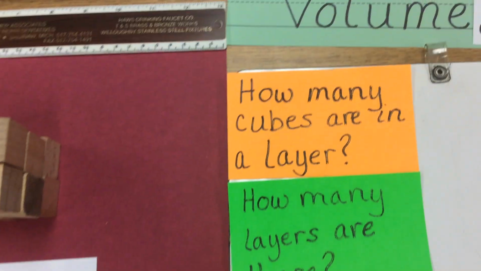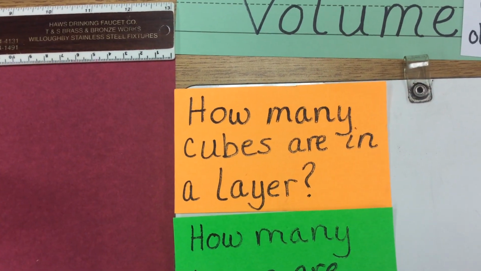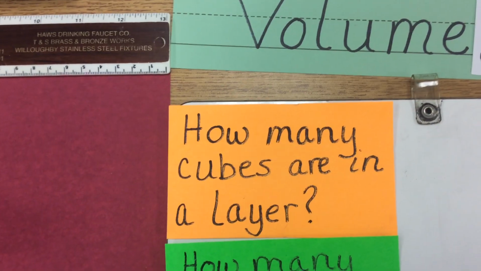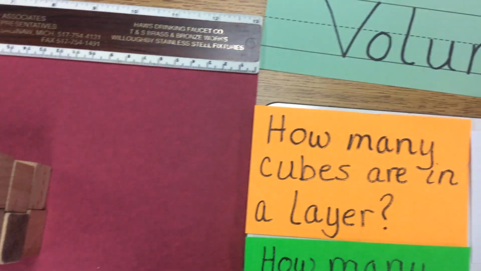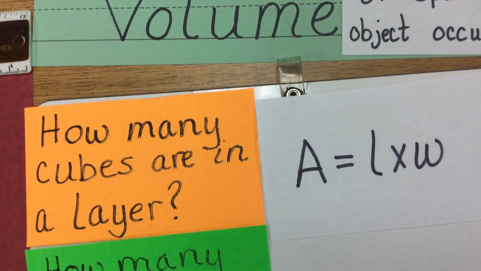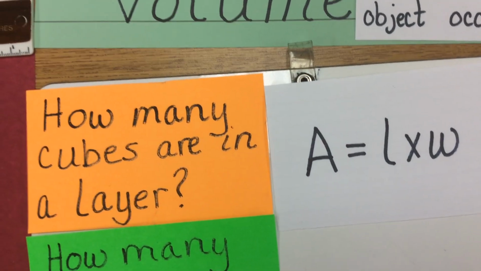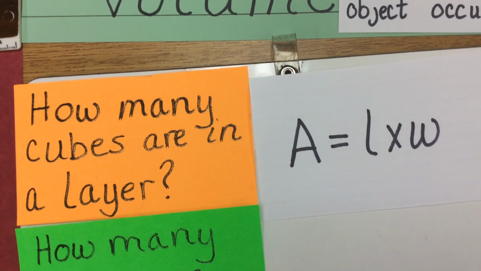So the first thing that we do is we find out how many cubes are in a layer, just like we did yesterday. And really, all it is is the area, the length times the width.